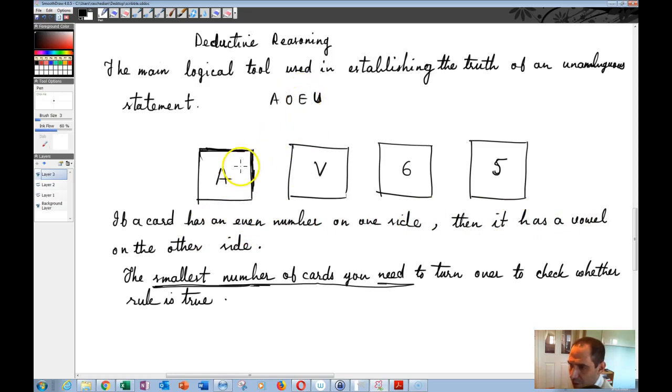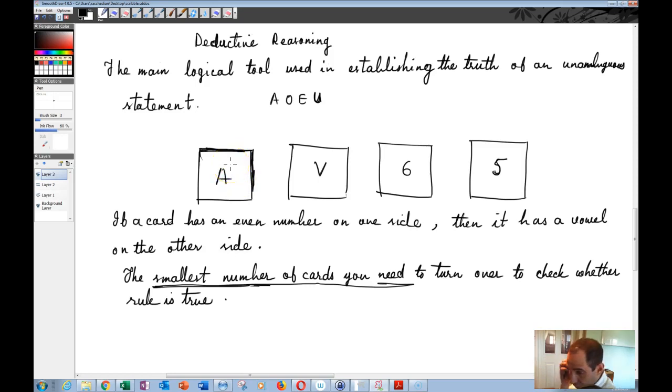So that means that if I now on the other side of this card, basically I have a vowel actually.